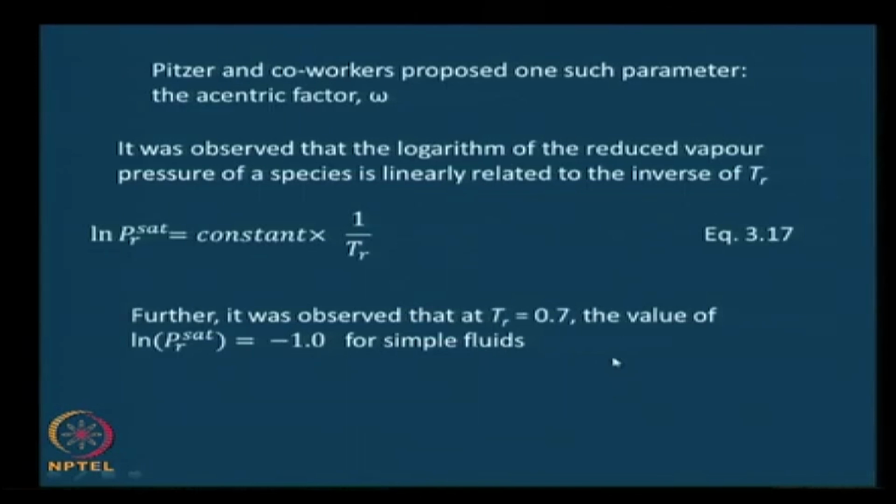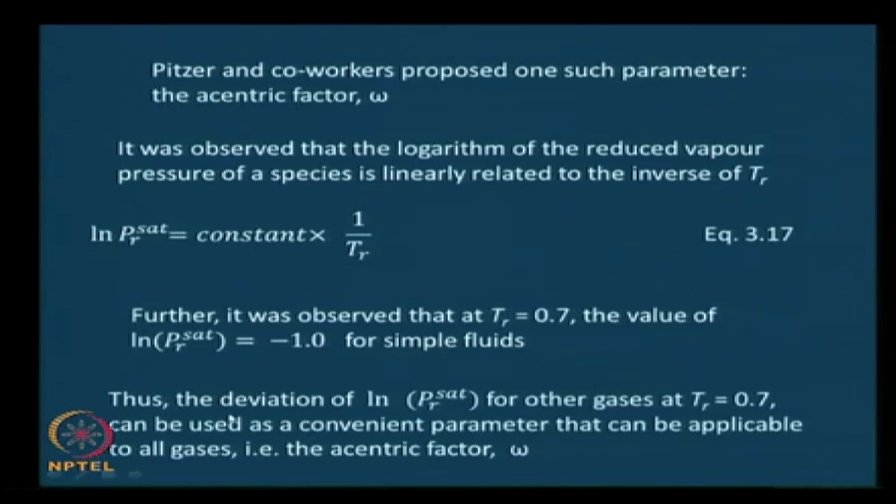This led to an interpretation that the deviation of the log of P_r^sat for other gases at a reduced temperature of 0.7 is a single measurement that you need to differentiate between these simple fluids that follow the two parameter theorem and all other fluids.